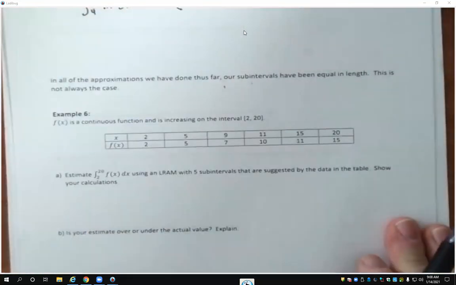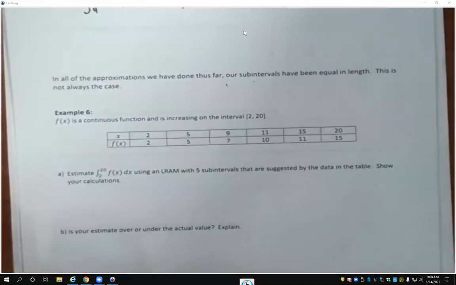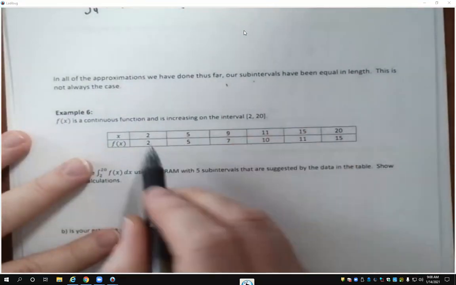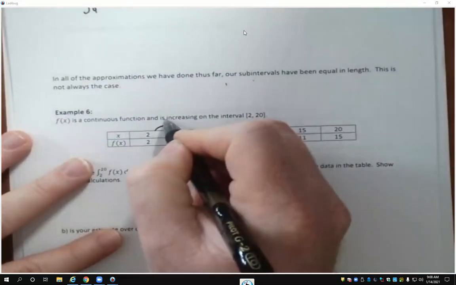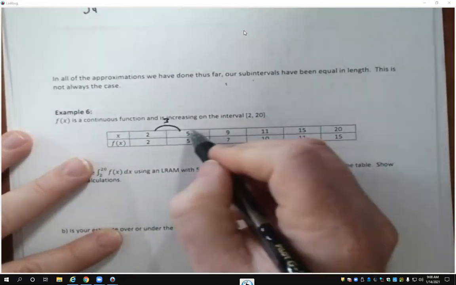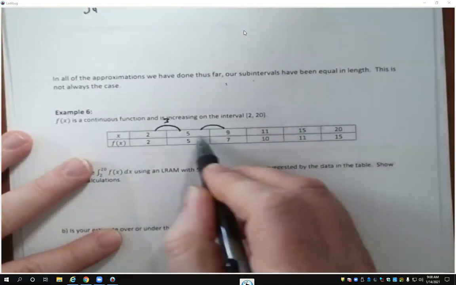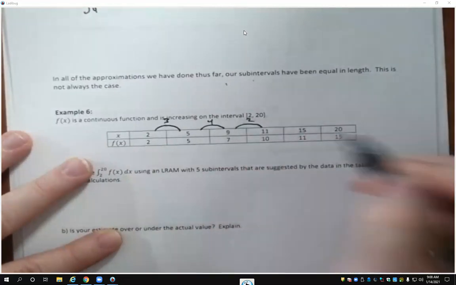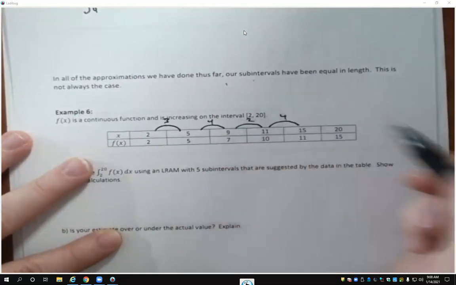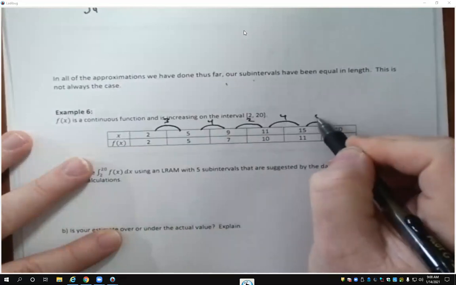But if you're given a table, things are going to change. If I were to actually draw this out, the distance between here and here is 3, but the distance between here and here is 4. Here it's 2, here it's 4, and here it's 5.